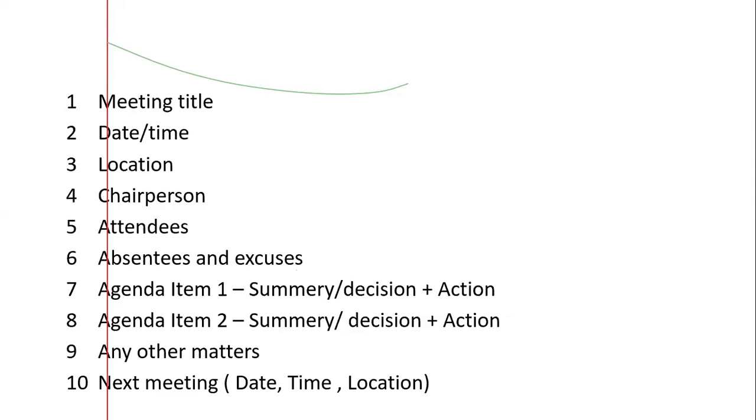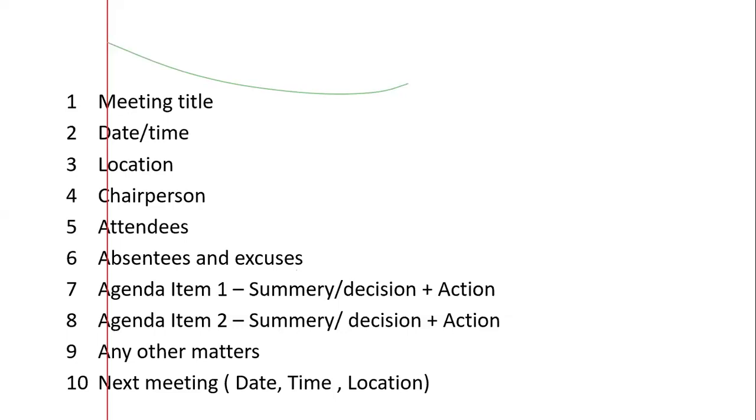Sometimes you attach the attendees list as an attachment. If it is more than 30, 40 people, as an attachment, or if it is less than 15, you can put the attendees' names also in the meeting minute. Then absentees and excuses also should be mentioned.